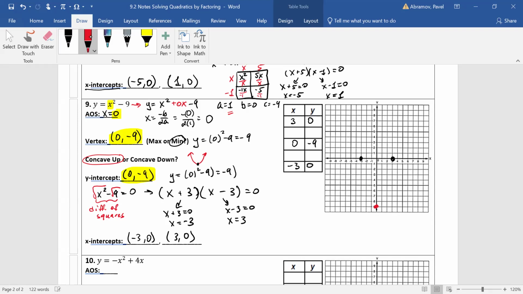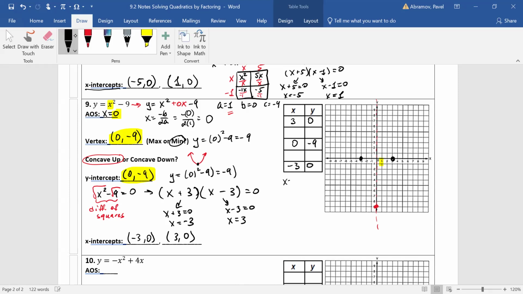Remember, we do have an axis of symmetry going through the vertex. We do want 5 points, so we're missing something. We can use one more point and then reflect it. I would say we should use maybe a smaller number, so we can use 1, negative 1, or positive 1, it doesn't really matter. So we can use 1 right here.